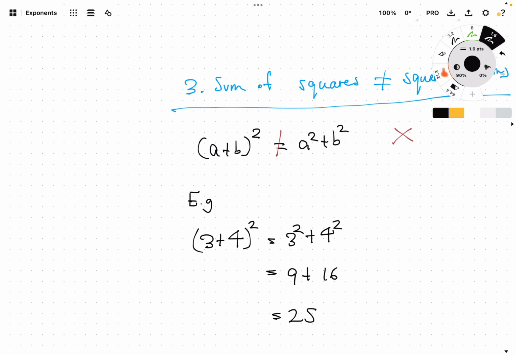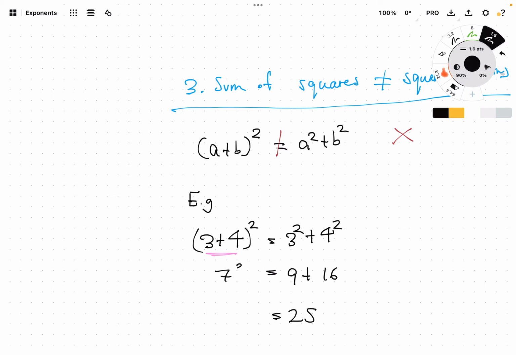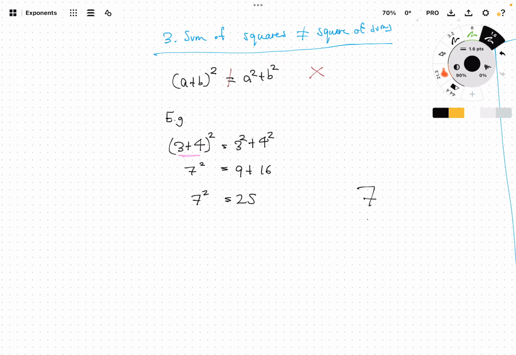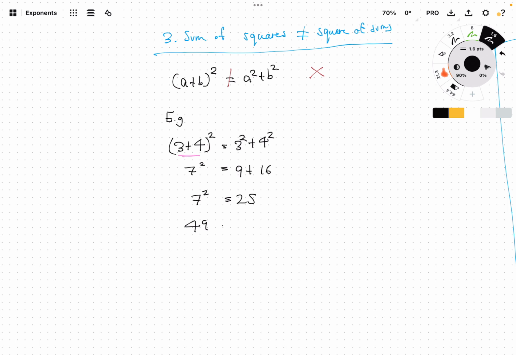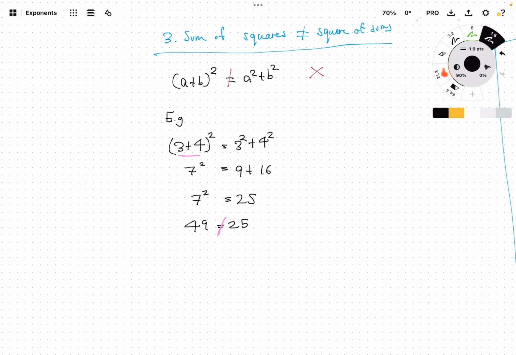But we also know by BODMAS, if you do the bracket first, 3 plus 4 is 7. 7 squared. So we're saying 7 squared is 25. But if I calculate 7 squared separately, I also know 7 times 7 is 49, not 25. Clearly this is false. As you can see by this example, it is not true.